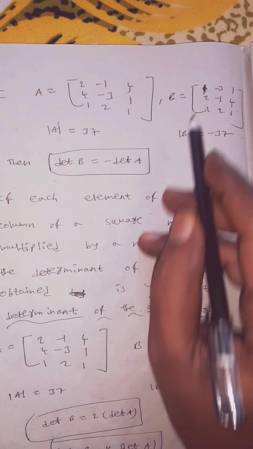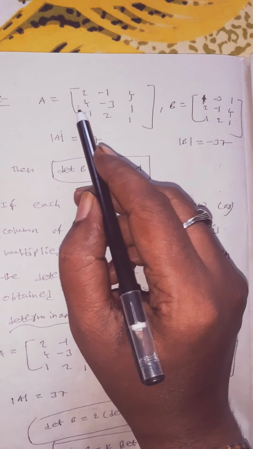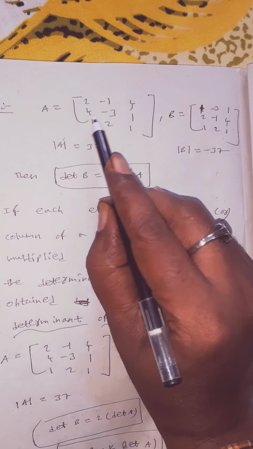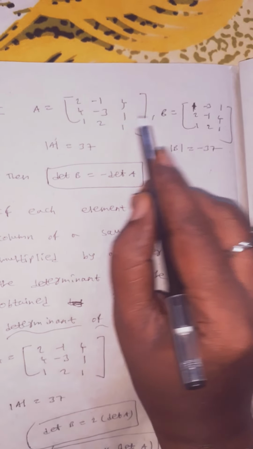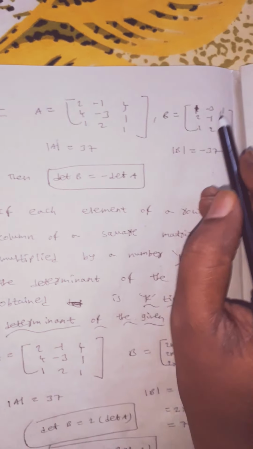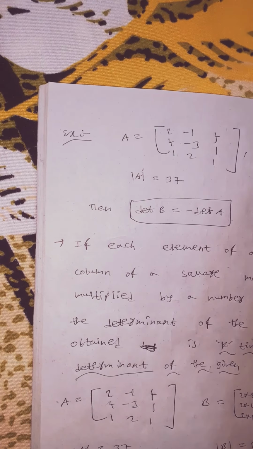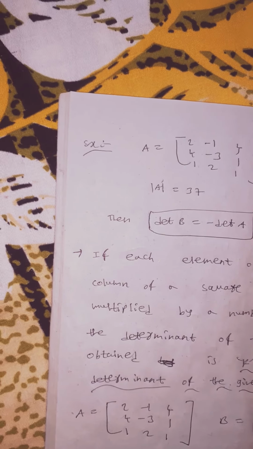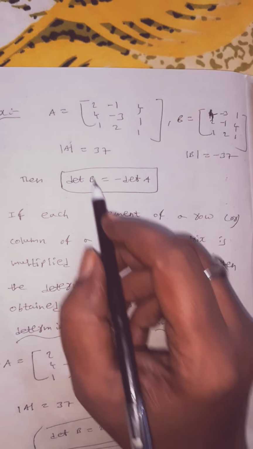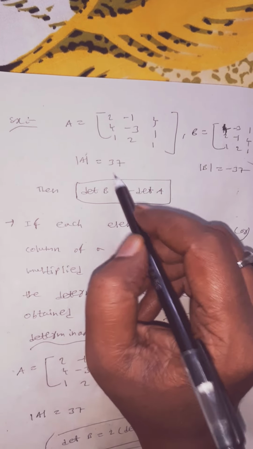So see here, children, I have interchanged the first row and second row. The first row of A I have taken as the second row in B, and the second row of A as the first row in B. So if I find the determinant here, how much am I getting? 37.